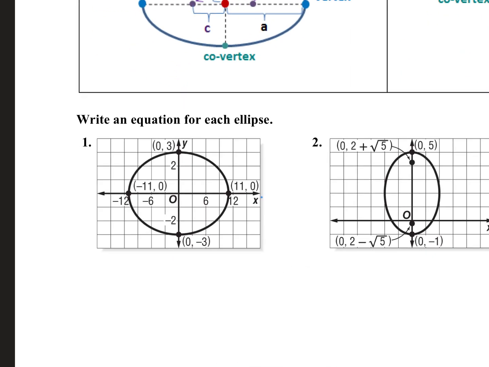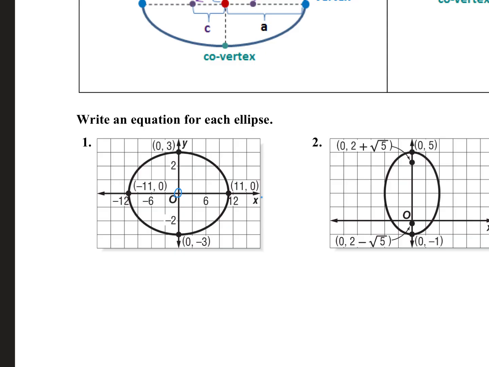And so first thing we have to do is figure out, is it horizontal or vertical? Now, you have to be careful here because the scale is different. So from the center, and I don't think we need the midpoint formula, I think it's pretty clear that the center is 0, 0 for this one.